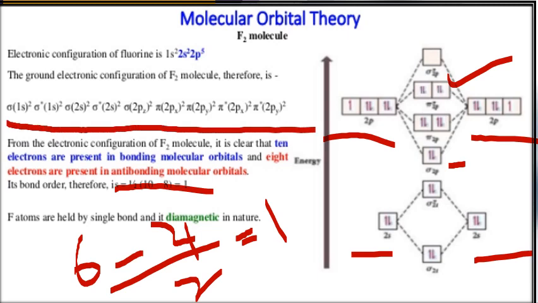Here is its electronic configuration, in which the filling order is like this: sigma 1s2 will be filled first, and then sigma star 1s2, sigma 2s2 will be filled next higher, then sigma star 2s2, then sigma 2px2, pi 2py2, pi 2pz2, each filled with 2 electrons, and then their anti-bondings, that is pi star 2py and pi star 2pz, will be filled at the end.